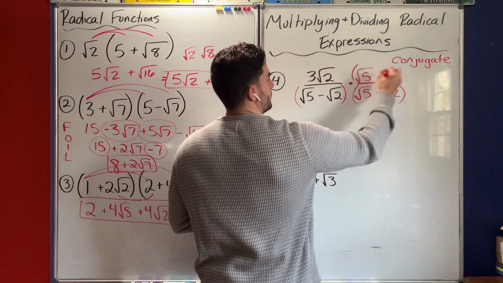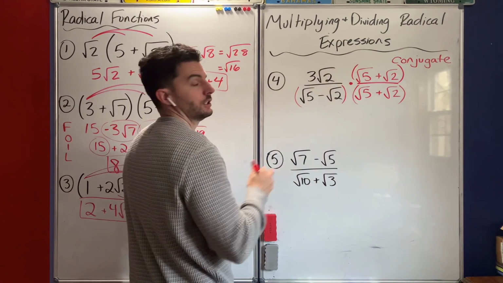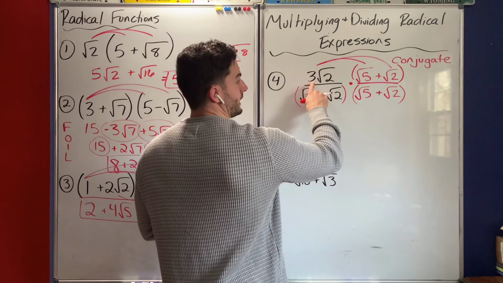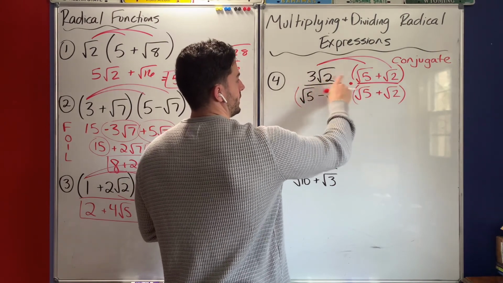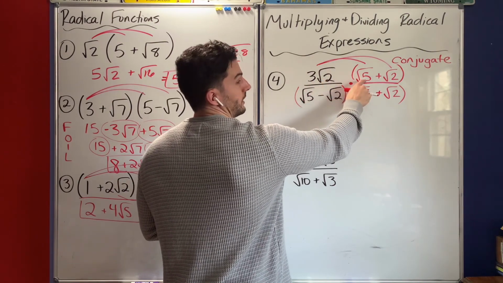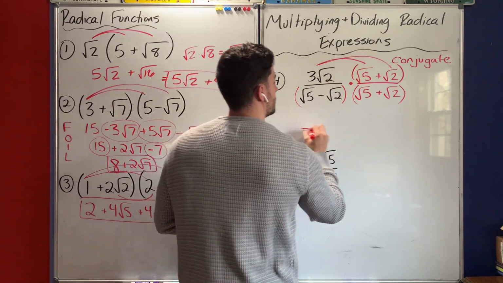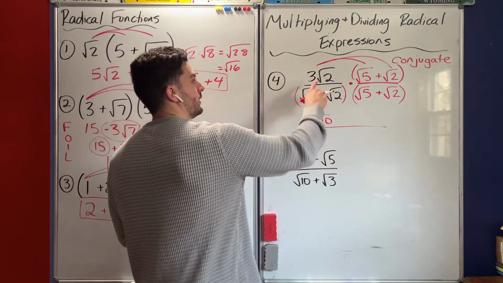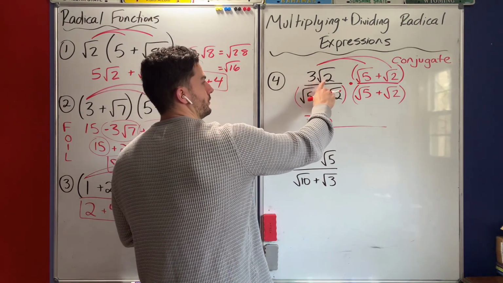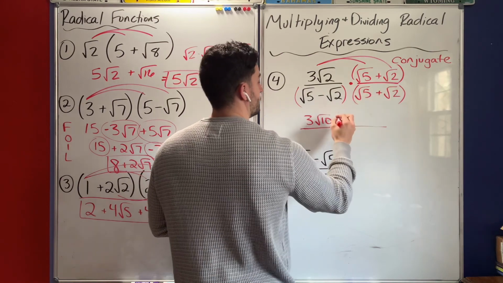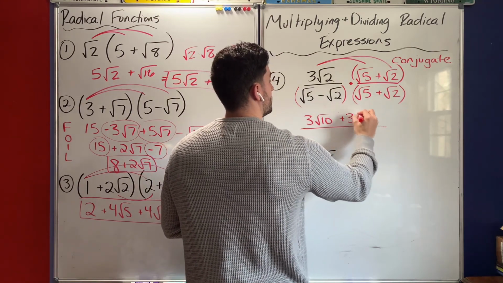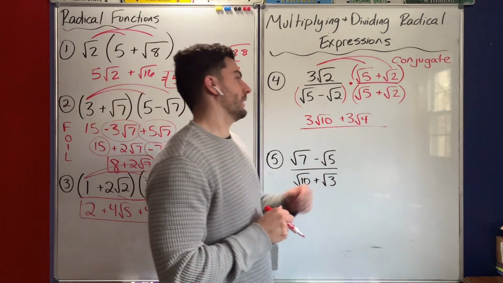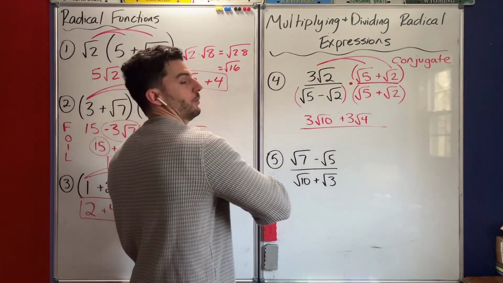So let's actually do the multiplication here. I'm going to distribute this 3 square roots of 2 to my top. That would be just multiplying what's in the radicals together. So 3 square roots of 2 times the square root of 5 would give me 3 times the square root of 10. And then 3 times the square root of 2 times the square root of 2 gives me 3 square roots of 4, multiplying those two radical numbers together. We'll simplify that a little bit more, but let's just multiply it all together first.